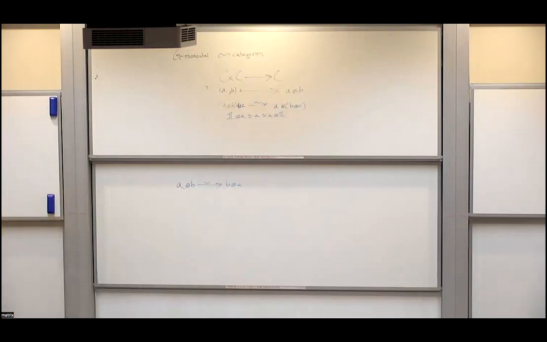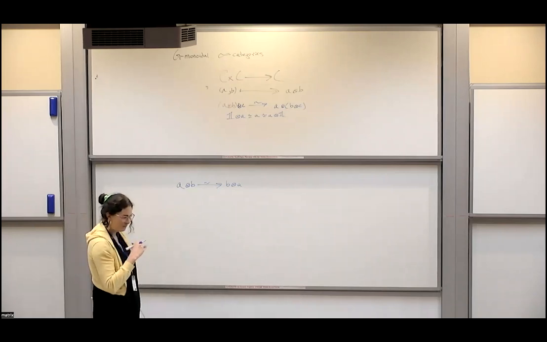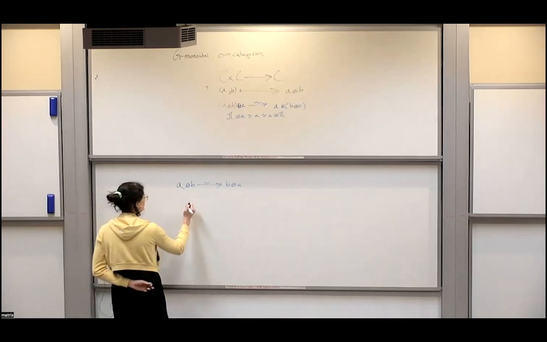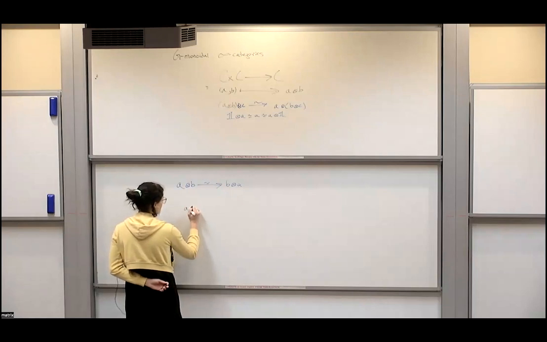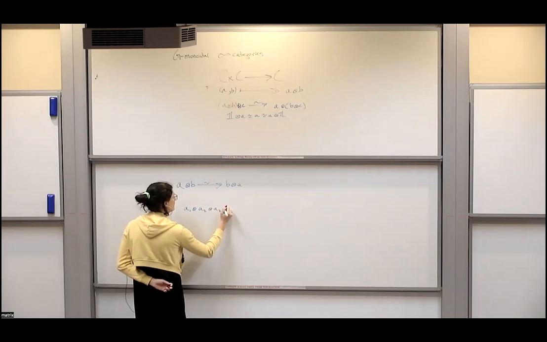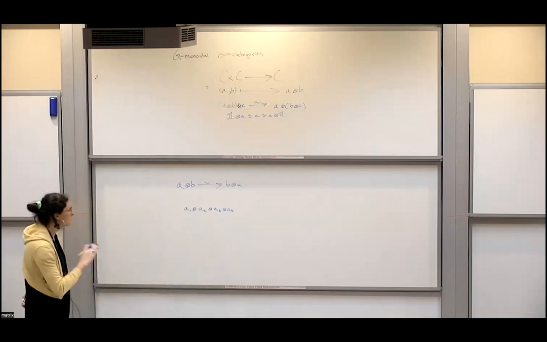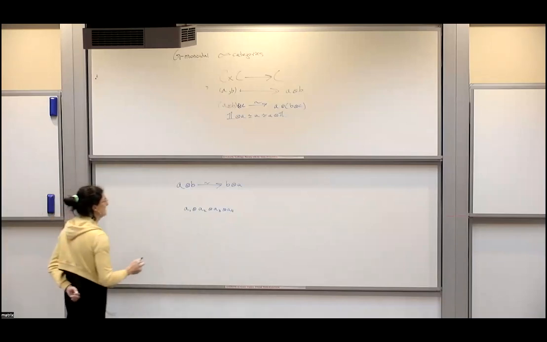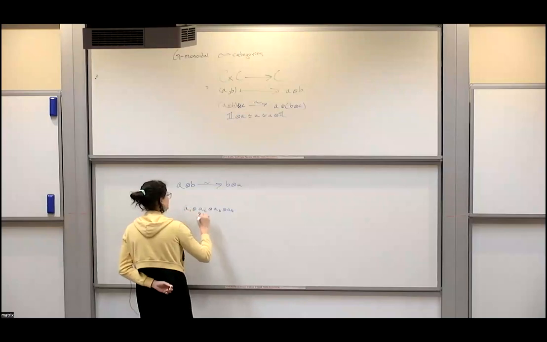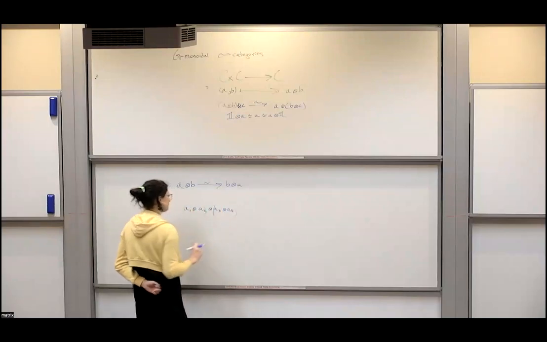More specifically, and perhaps with a little example, if I have like, say, 4 objects in my category, which I'm going to denote like this, A1 tensor A2 tensor A3 tensor A4, with some choice of order in which I'm multiplying these things. So perhaps I will denote this with parentheses.